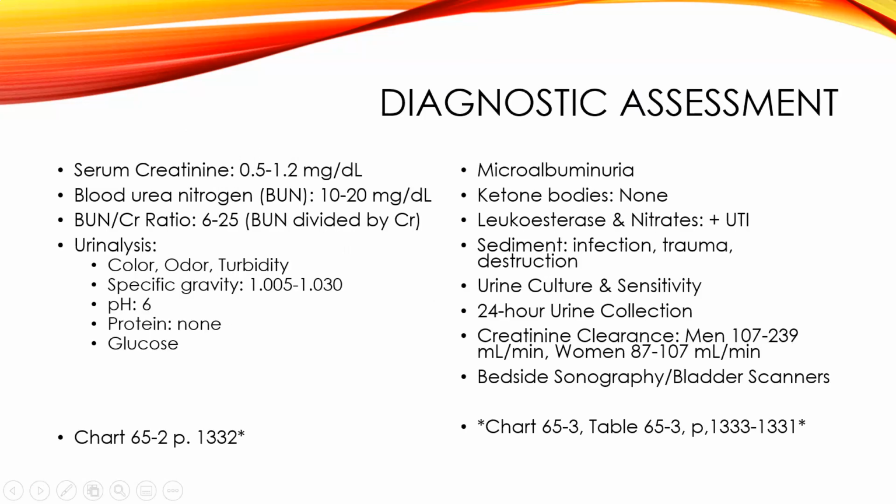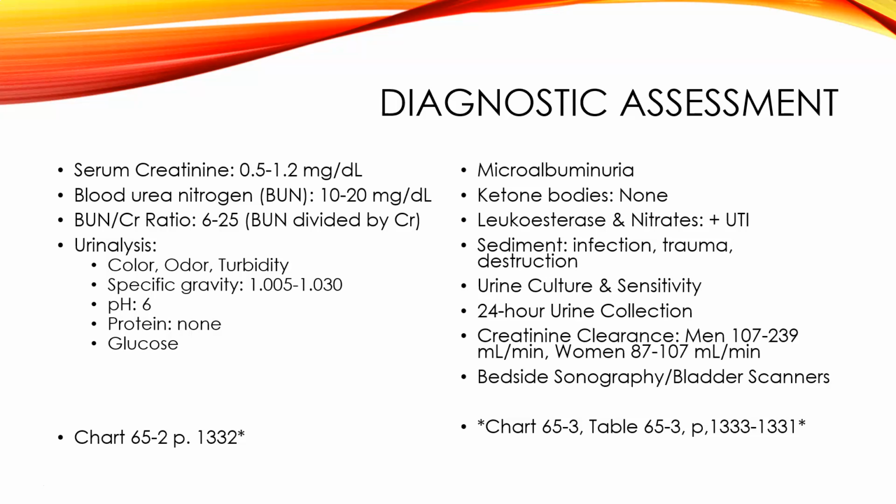Next, we want to make sure that we look at the diagnostic tests for both the urinary and renal systems. Starting on page 1331 in your book, it talks about different blood tests. I definitely want to make sure that you know about blood urea nitrogen and what it is, and also what your serum creatinine, when it is elevated, what that can be caused from.